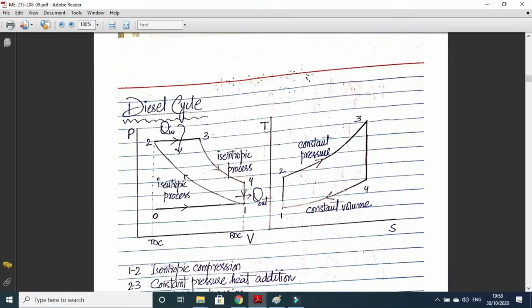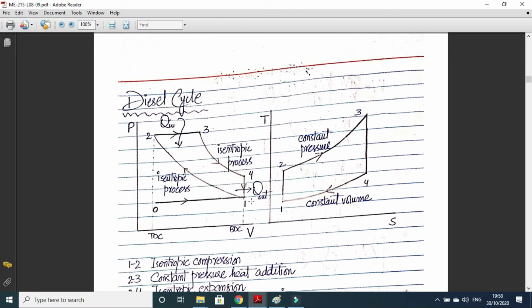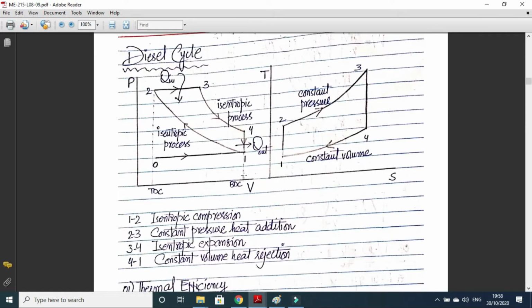As we have studied in week number 1 and week number 2, in the air standard diesel cycle we have 1 to 2 isentropic compression, volume will decrease and pressure will increase. So from bottom dead center the piston travels to top dead center, and 2 to 3 is the constant pressure heat addition.